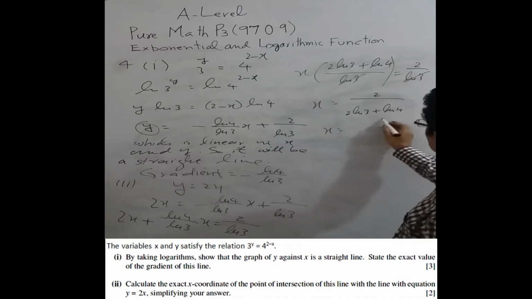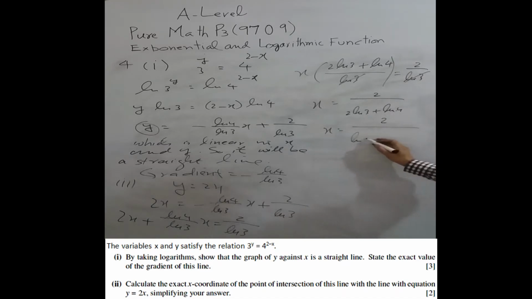You can simplify it further by applying the properties of log in reverse direction. Applying the product law, 9 times 4 is 36, and 36 is 6 raised to the power 2.